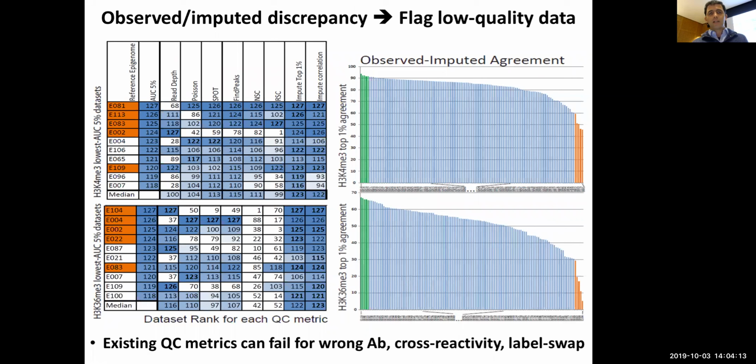Then we said, okay, when observed data disagrees with imputed data, which one's wrong? What we found is that when they show the least agreement, these data sets are also bad data sets, according to our other quality control metrics. So that's kind of cool, right? You can actually predict the data set better than you can observe it.